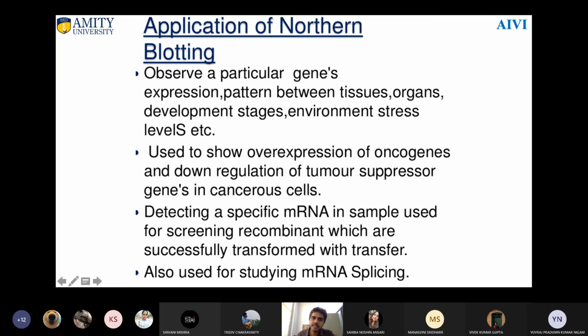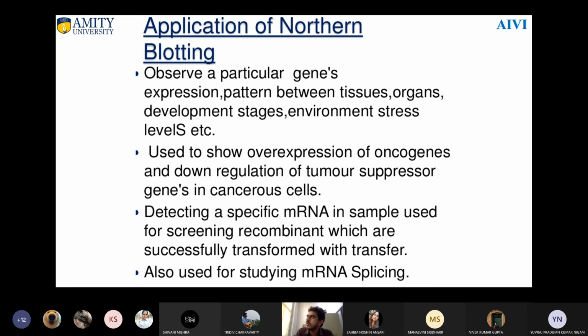Then the application. Its main application is gene expression patterns in tissues, organs, development stages, and environmental stress levels. All these are different ways of describing the expression. Different tissues are going to have different expression patterns of a gene.